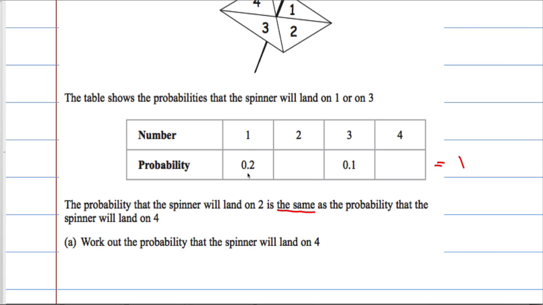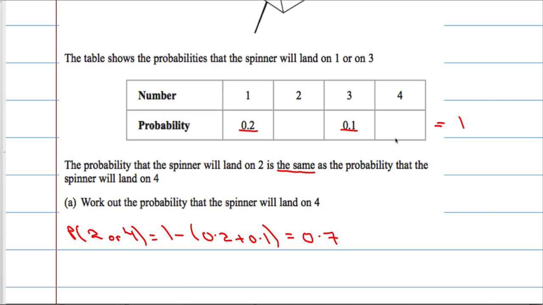Now if the probability of landing on a 1 is 0.2 and the probability of landing on a 3 is 0.1, that means the probability of a 2 or a 4 is equal to 1 subtract 0.2 and 0.1, which is 0.7. In other words, if it lands on 2 or 4, the chances are it's going to be 70% or 0.7.